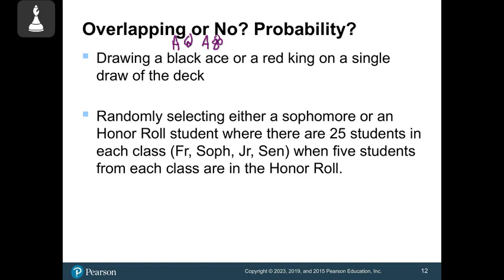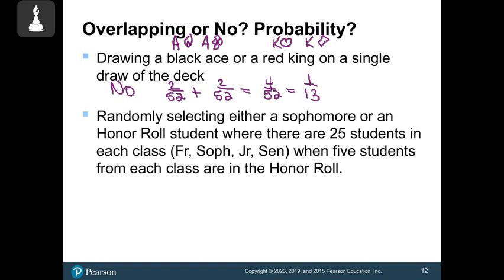A red king is the king of hearts or the king of diamonds. And all of those are different events. So this is no overlap. So I can just add these two probabilities together. There were 2 here for a black ace, 2 out of 52. There were 2 here for a red king. I add those together, 4 out of 52, which reduces to 1/13.